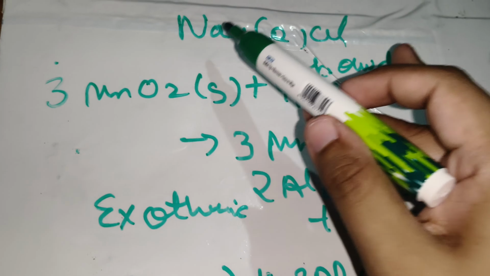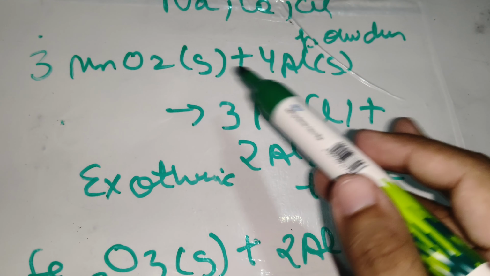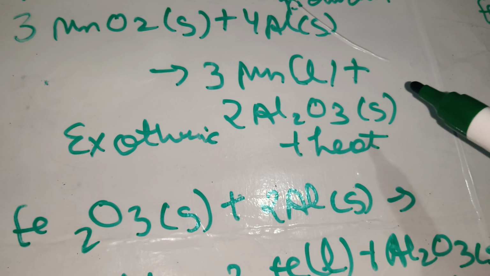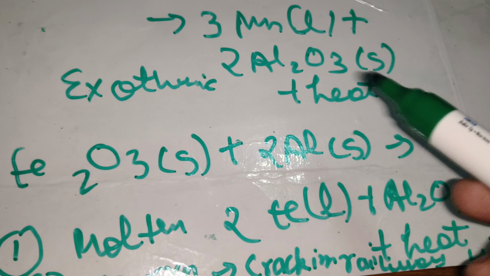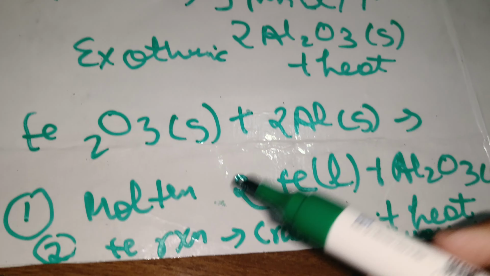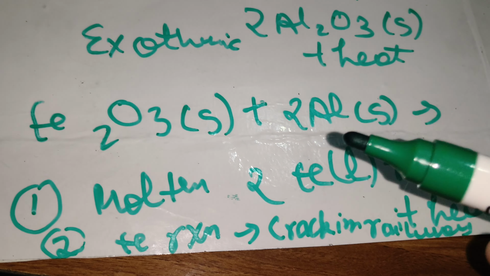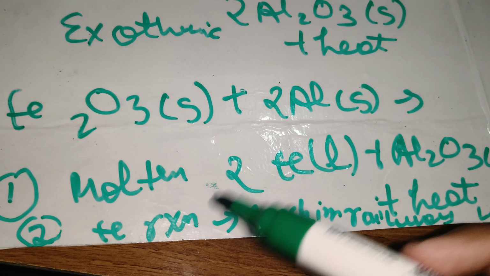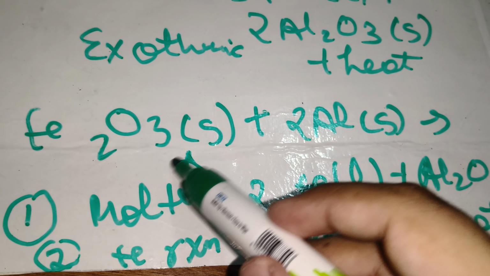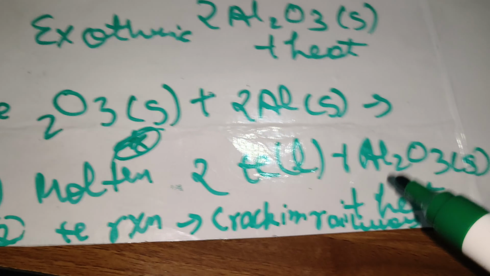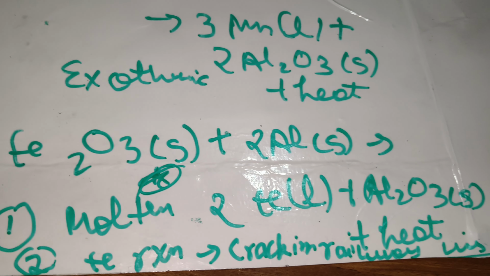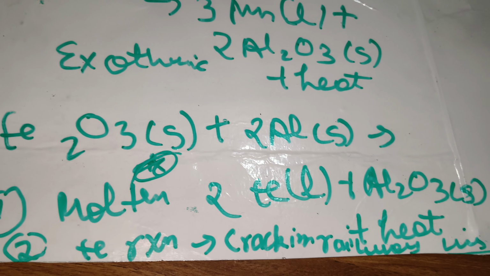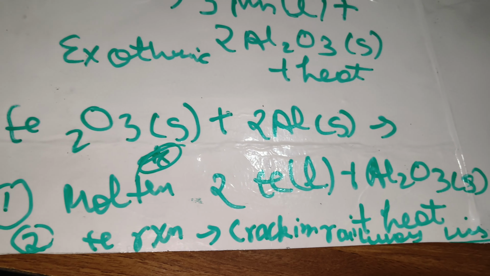So we have seen the exothermic reaction where we use highly reactive metals like sodium, calcium and aluminium, and when we react these we get the metal in liquid form, plus the oxide and heat are released. The heat is so much that the metals we get are usually molten. For the iron reaction, the heat released is so much that it can be used to repair cracks in railway lines, or to join railway lines using this reaction.